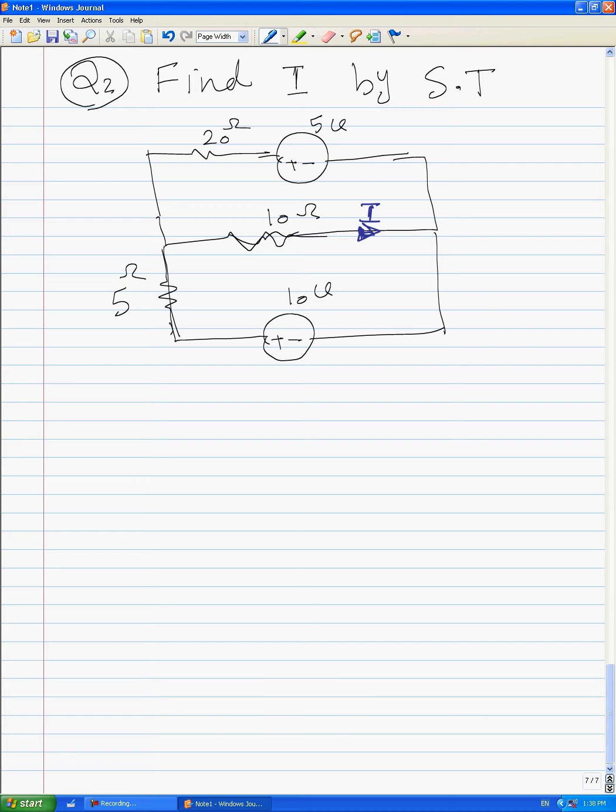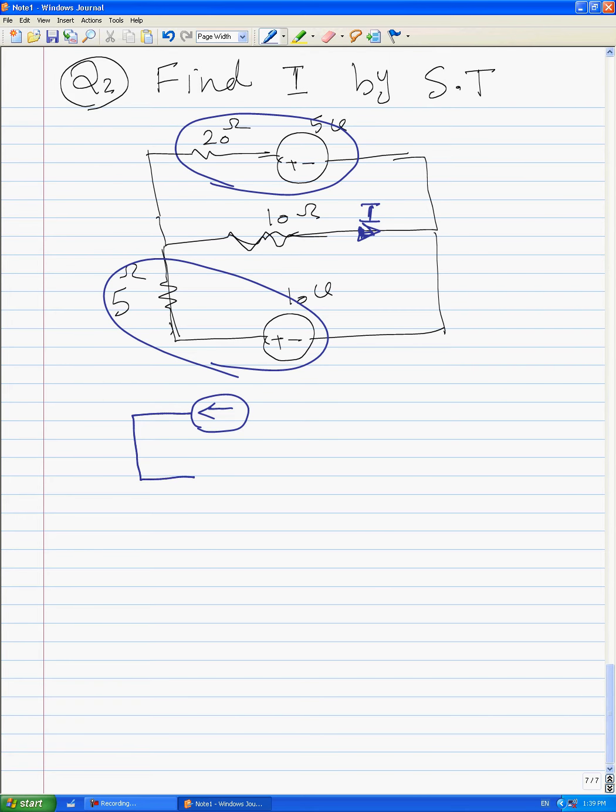Okay. For this question, we want to change this voltage source and this voltage source to current source. And after that, we can find out I by using simple equation. This 5 and this 20 should be changed to current source like this.